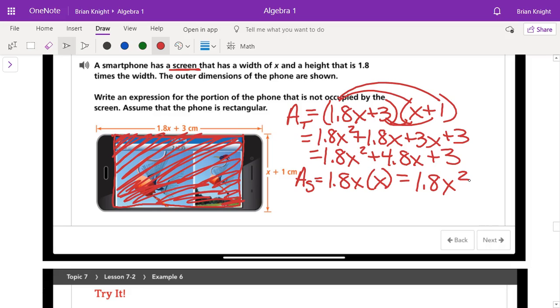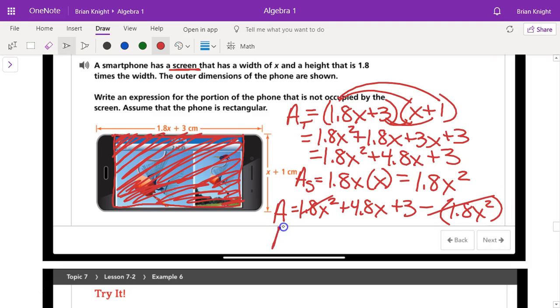Always subtract the smaller part away from the bigger part. So the bigger would be the total, okay? So we're going to say our final area is 1.8x squared plus 4.8x plus 3 minus 1.8x squared. Well, they just cancel. And so the area of the part that's not shaded is just 4.8x plus 3.